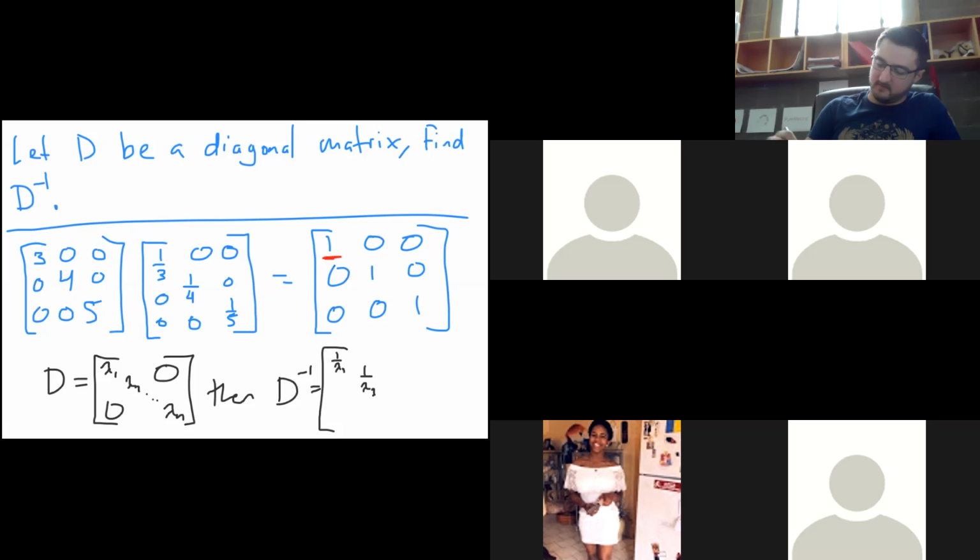So that's supposed to be a 2. Keeps going, 1 over lambda n, zeros elsewhere. And we would find the inverse of D to do what?